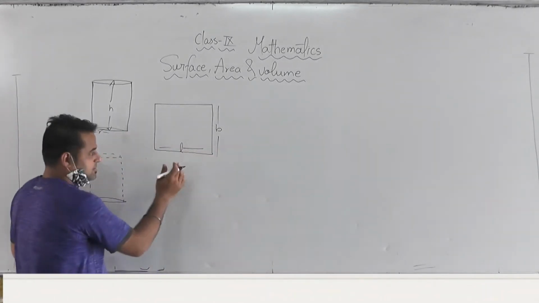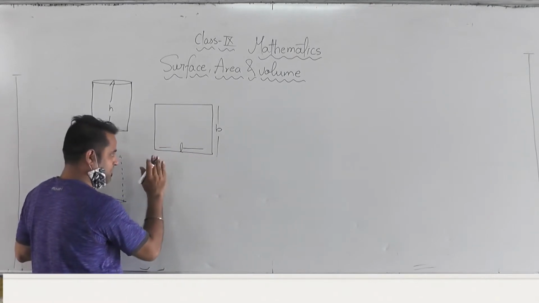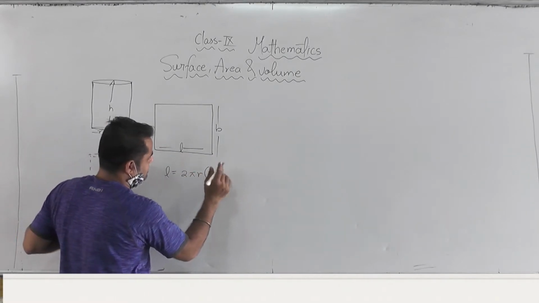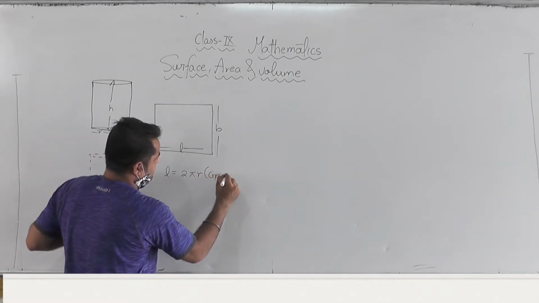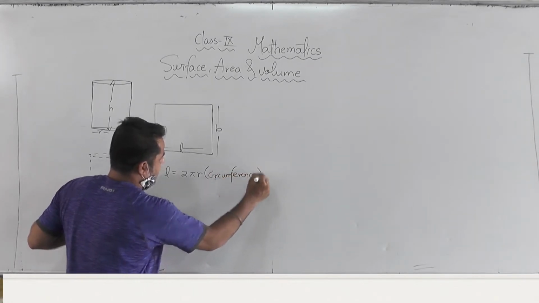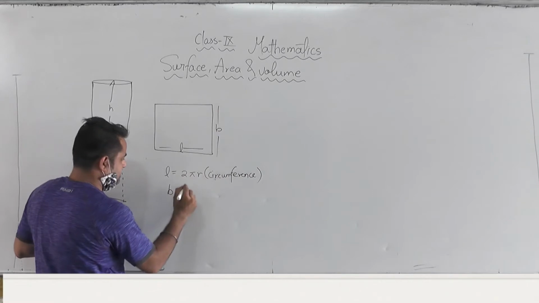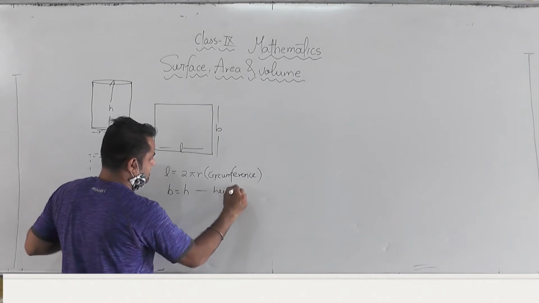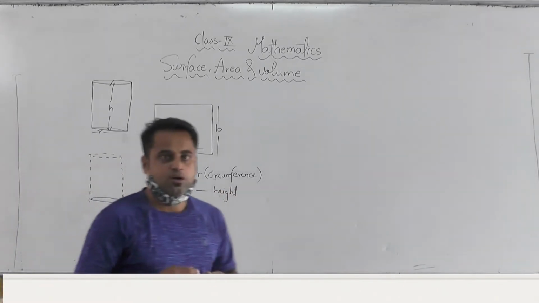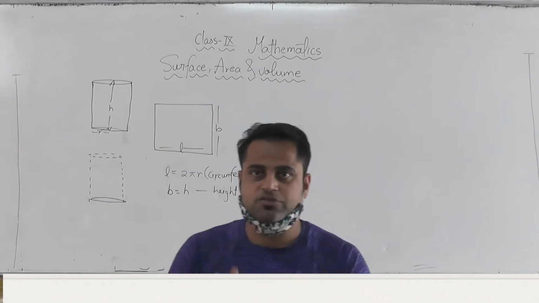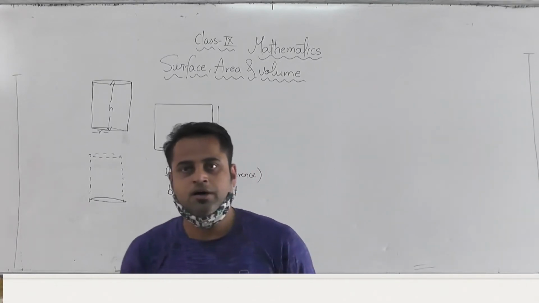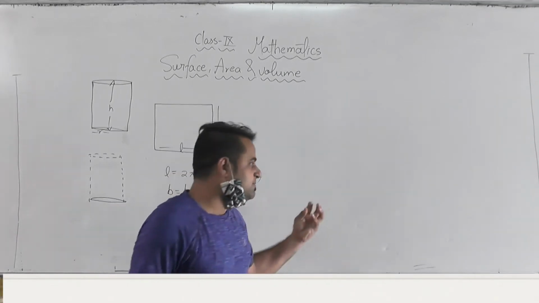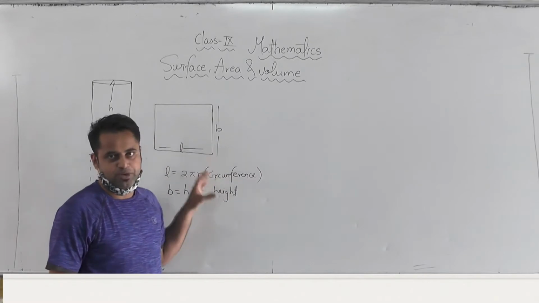When you roll it up, the length of the rectangle becomes equal to the circumference of the base, and the breadth becomes the height of the cylinder. These two aspects show the transformation of an A4 size rectangular sheet into a cylinder, and how we use the length and breadth.